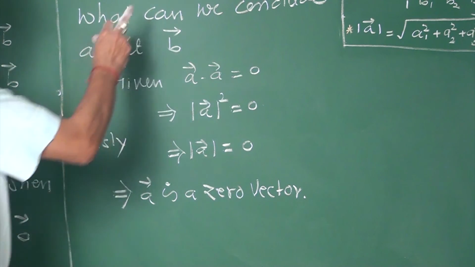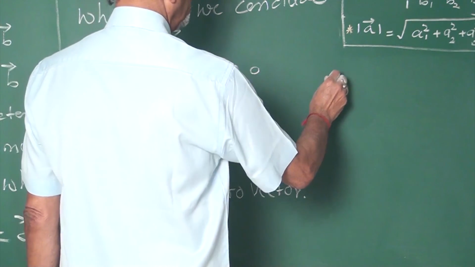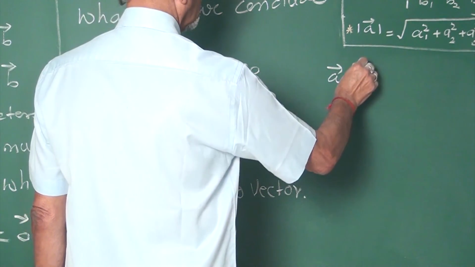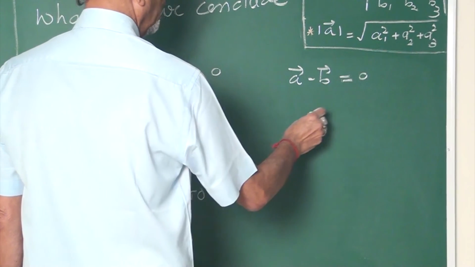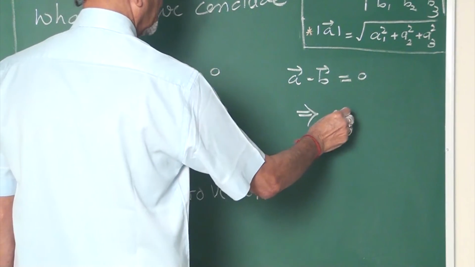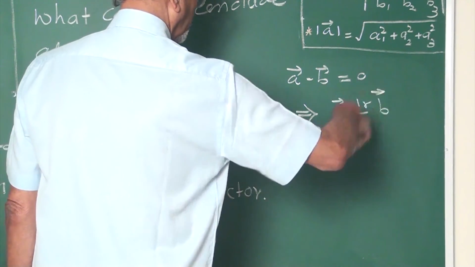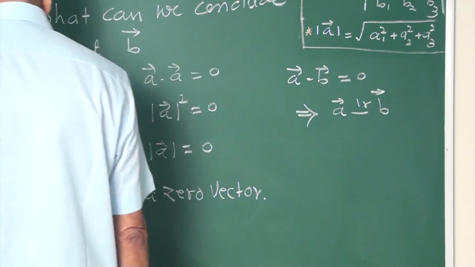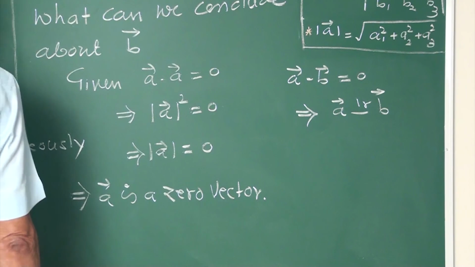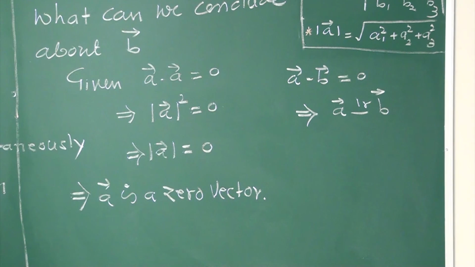Yes, friends. What is the second condition? A dot B is 0. A dot B is 0 means, my friends, by the result, vector A is perpendicular to vector B.